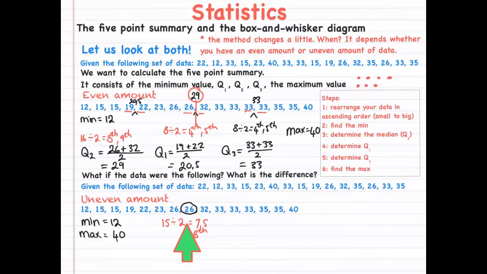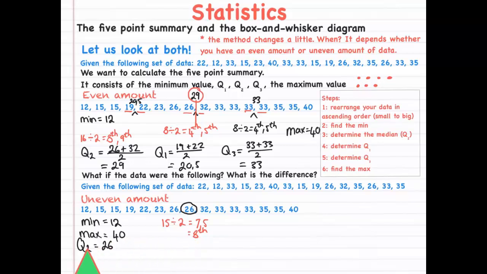And I can simply write it down here, so you can do it here on the side. We list them there, because with an uneven amount, it's much easier. So Q2 is equal to 26. Okay, got it? It's 15 numbers. We divide by 2, we get 7.5. When we round it up, we know which number is in the middle, and it will be the 8th one.